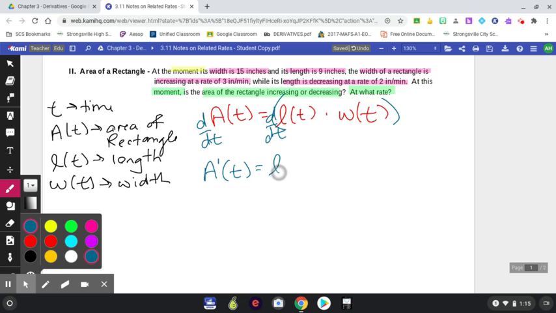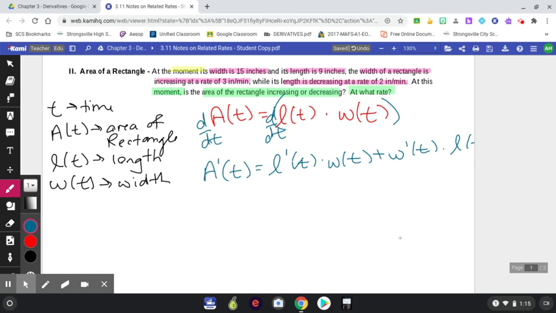Derivative of the first function, that's L prime of t, times the second function, plus the derivative of the second function with respect to t times the first function. Sorry, I'm out of space. Let's see if I can squeeze that on here. There we go.